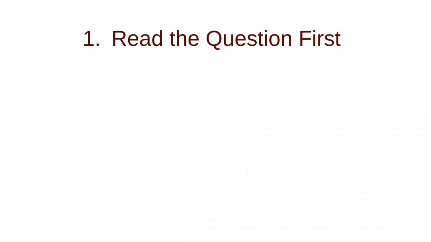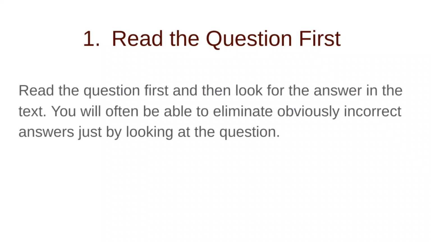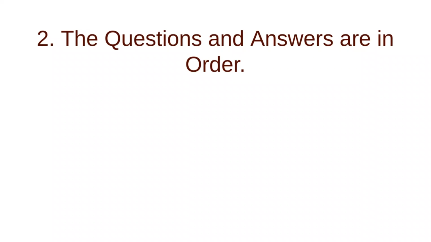So now let's look at my top tips for answering multiple choice questions in the reading section. Number 1, read the question first. Read the question first and then look for the answer in the text. You will often be able to eliminate obviously incorrect answers just by looking at the question. Tip number 2.